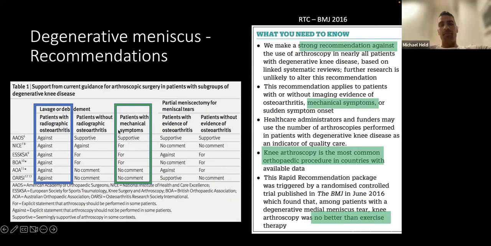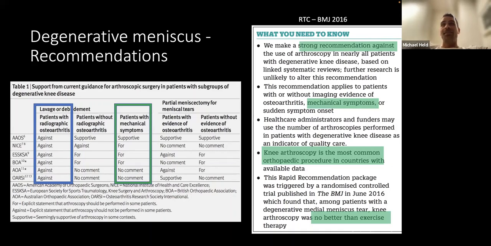So if you say that in an exam or to your patient, you say to them, look here, let's try for 3 to 6 months and treat you conservatively. If you come back to me and you have clicking or locking in the knee, and we've got evidence of a big flap tear, then let's do the debridement, because I'm treating you based on the recommendations of these societies.